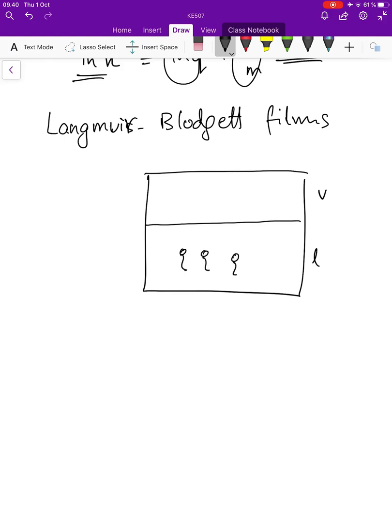And if you put some material which looks like this in this phase, this part is hydrophilic, this part is hydrophobic, this could be a surfactant, then the material will partition like this and will form a monolayer. Now you can decrease the area by moving these partitions and look at the phase behavior of the system. But this is for a later lecture.